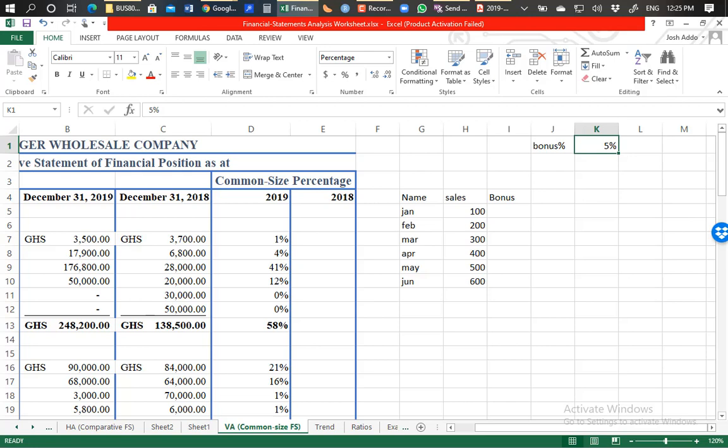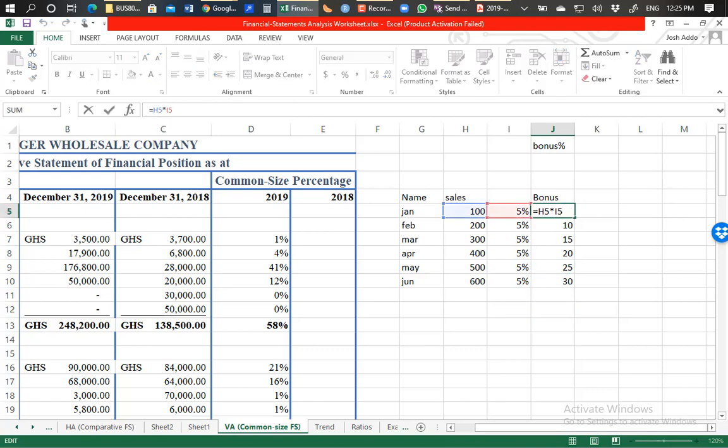And when I'm doing this, it means that the first one I did, when you drag the formula, let me go back. When you drag the formula, look at the first formula by clicking the formula bar. It is telling you it is this cell, which is H5 times I5.